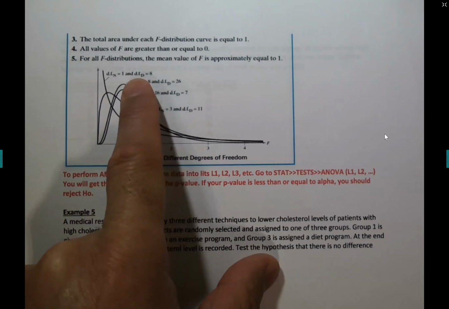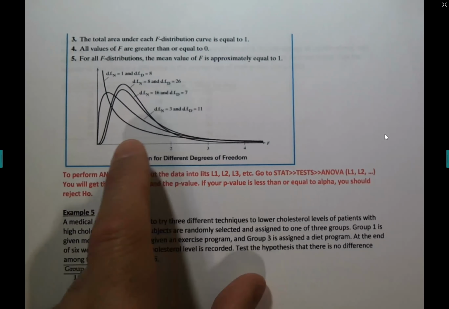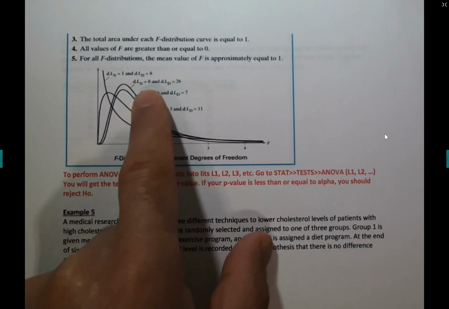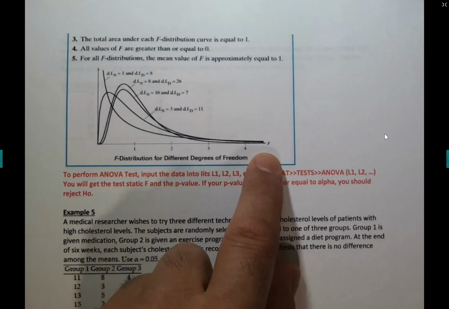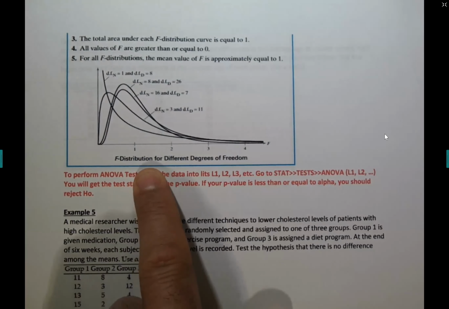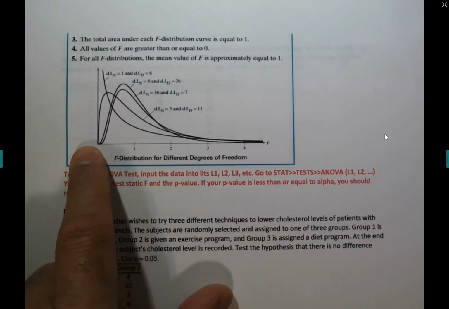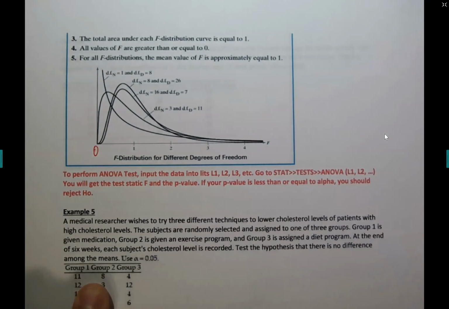And you notice as the degrees of freedom of numerator and denominator become close to 30, this distribution will have the shape of a bell-shaped curve as the numbers go up. Total area under the F distribution is always equal to 1. All the values of F are greater than or equal to 0. As you notice, we start at 0 here, so we're always on the positive side.